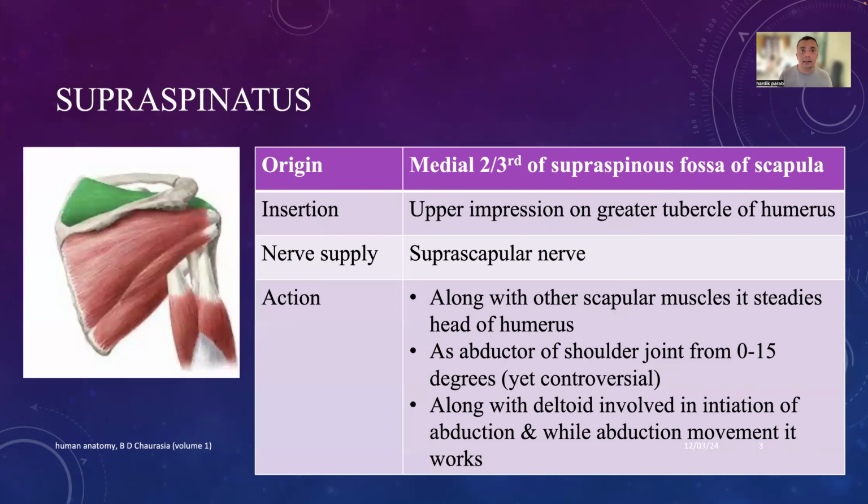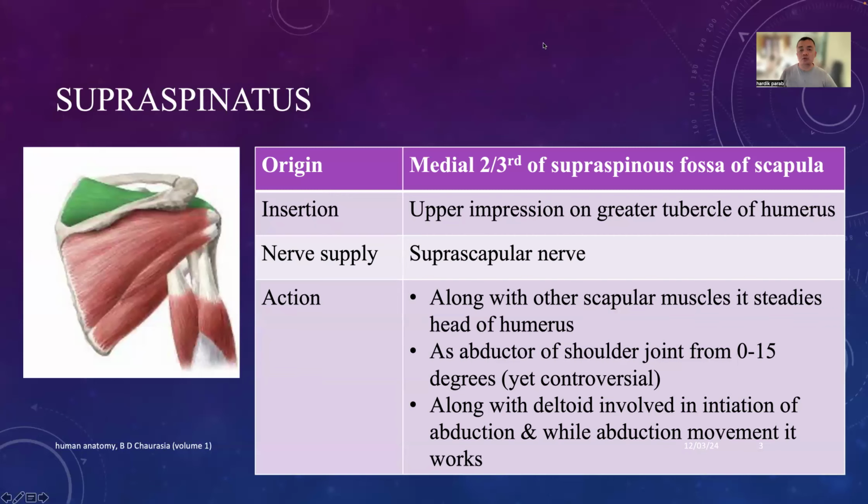So the first is supraspinatus. In the scapula bone, when we were discussing that, we discussed the supraspinous fossa, which is above the spine of the scapula. So the supraspinous fossa gives origin to the supraspinatus muscle.